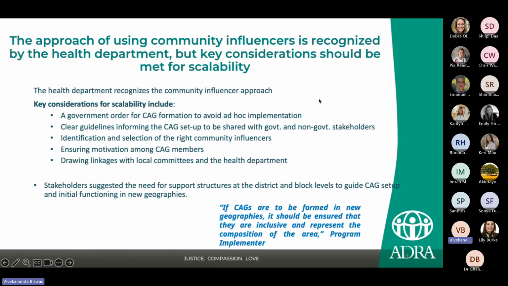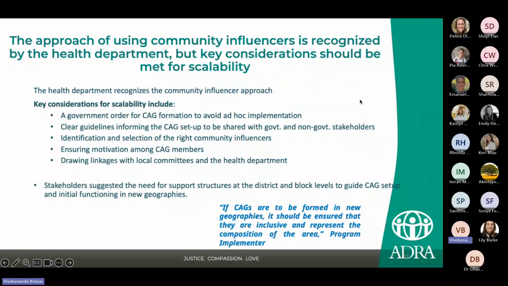As Dr. Silpi said, we initially started in Uttar Pradesh, and we have replicated it in Assam also. The health department particularly recognizes the community influencers approach.